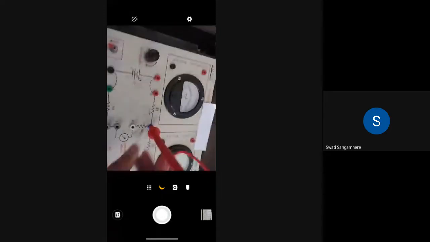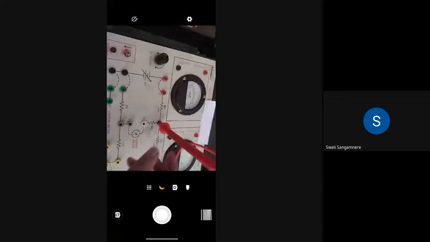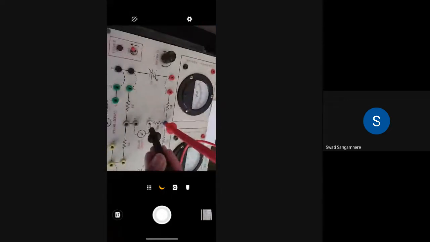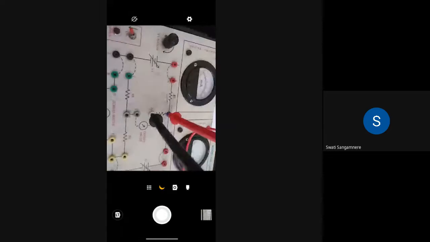Okay. Then R2. We can measure the value of resistance R2. See, which is 329.1 ohm. So write down 329.1 ohm. And then measure the value of resistance R3.